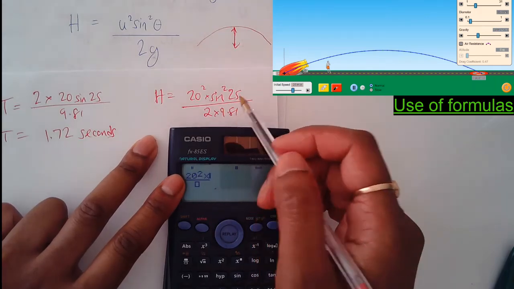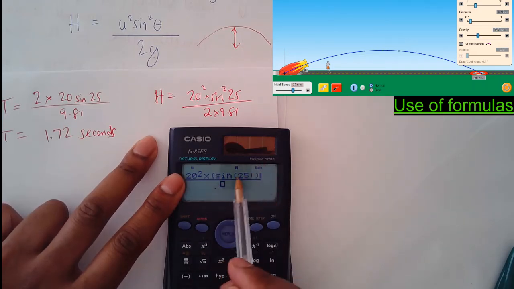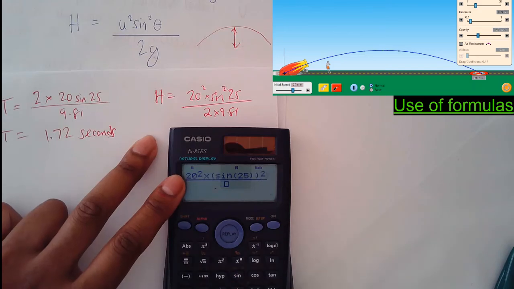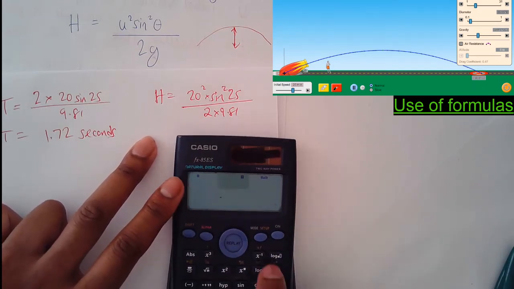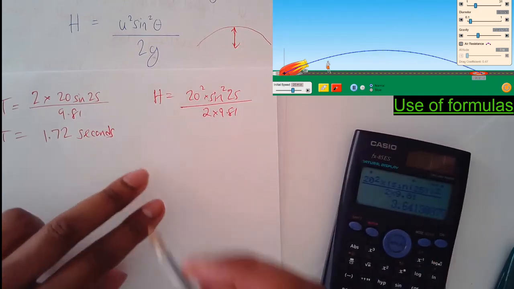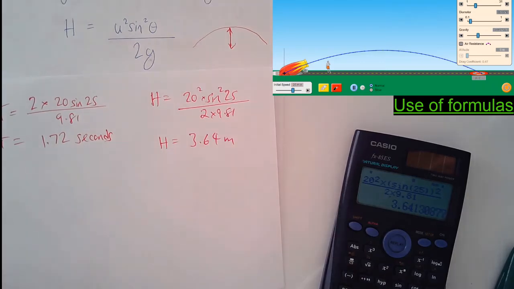Right, for the sine 25, put it in brackets because I'm going to square it. That's sine 25. Look, 2 open brackets, 2 closed brackets. That's how this calculator deals with it. We need to square sine 25. 3.64. The maximum height reached was 3.64 meters.